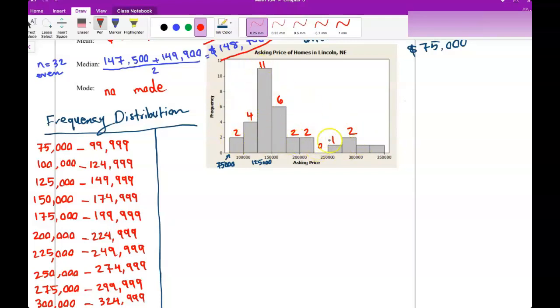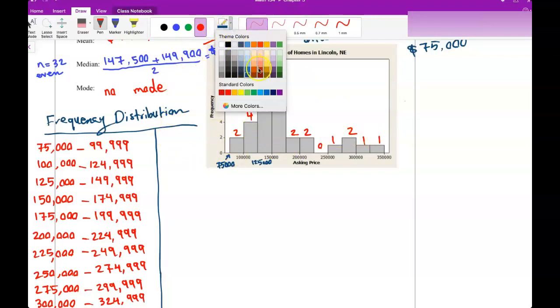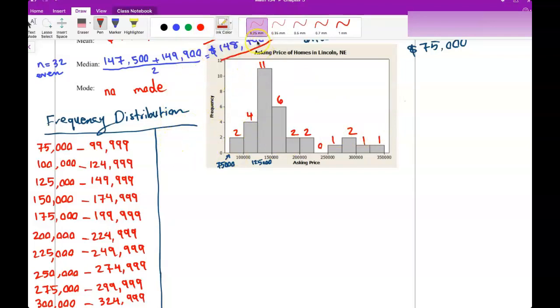I'm just writing to show what the frequency is for each part. So I'm going to write all these numbers here, and so we have 2, 4, 11.